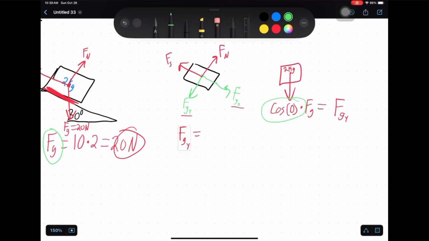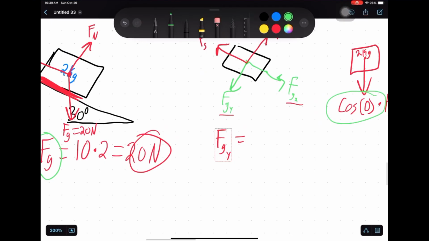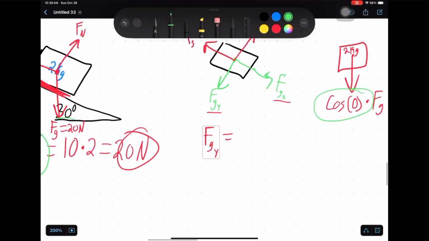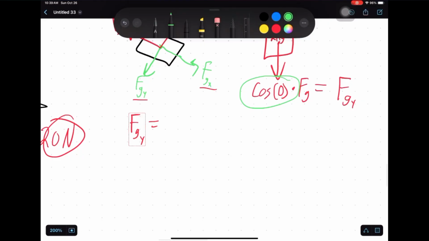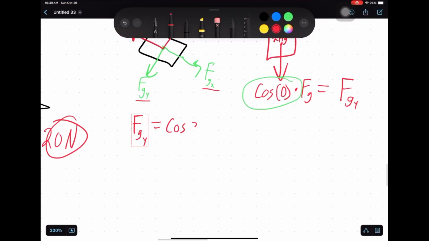Now, on our problem, it's not all going to go into y because we are at a 30-degree incline. So we're going to say cosine of 30 times force of gravity. Now, if I remember correctly, cosine of 30 is, I did sine, hold on.